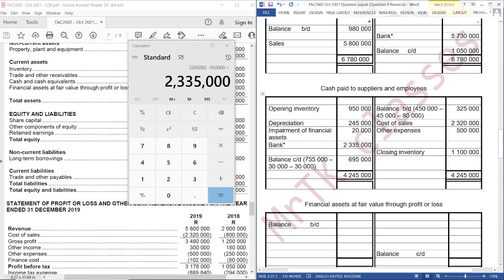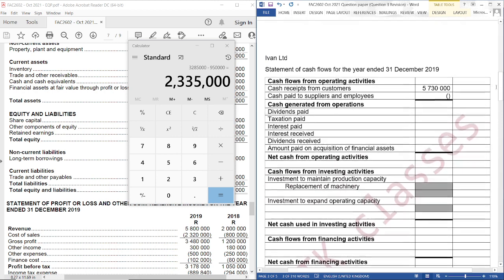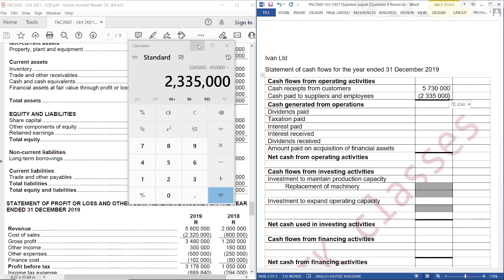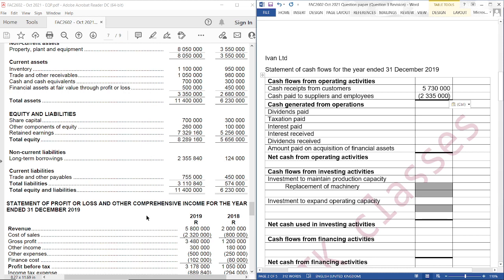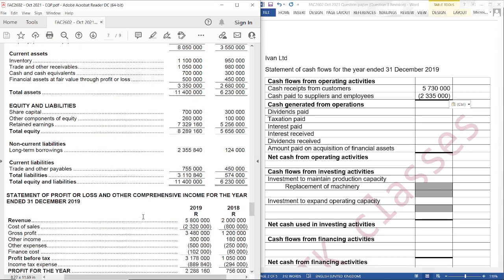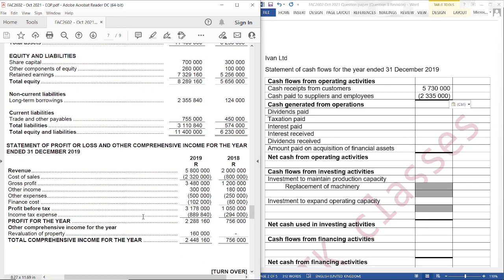Okay, so let us take it. This is cash paid to suppliers and employees, right? So before writing this final amount, let us just check that, because we have already written this amount here, but we need to check something, because I can see we have other income of 300,000, right?